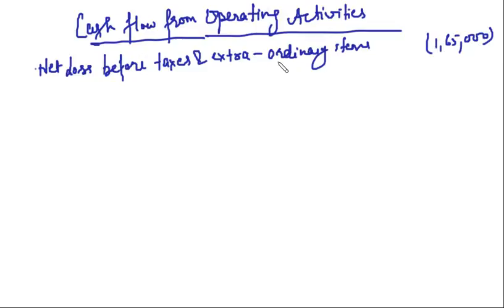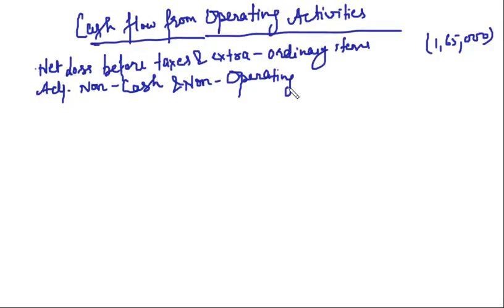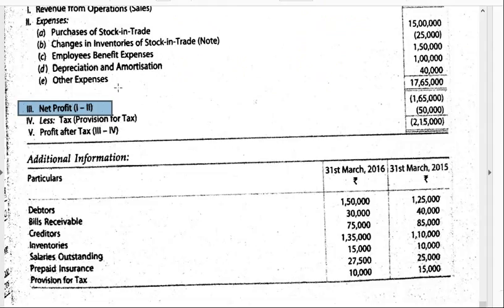Right? Now we have to adjust non-cash and non-operating items. Clear? Now, what are the non-cash and non-operating items here?